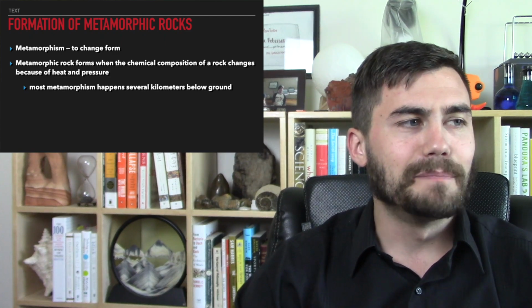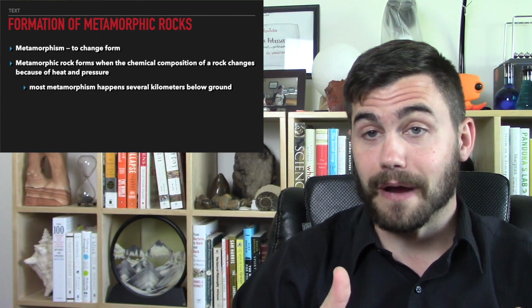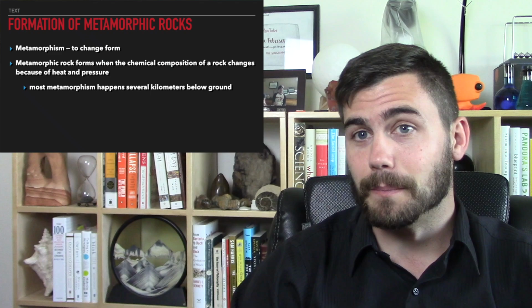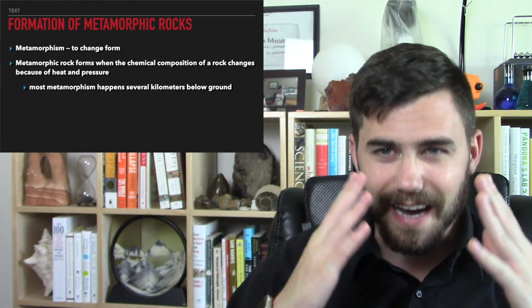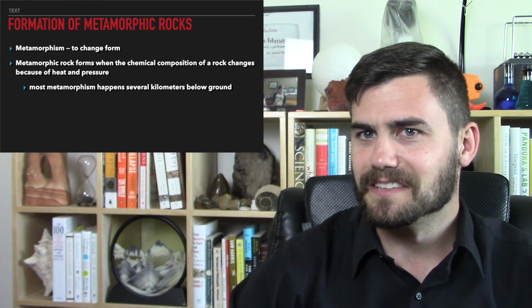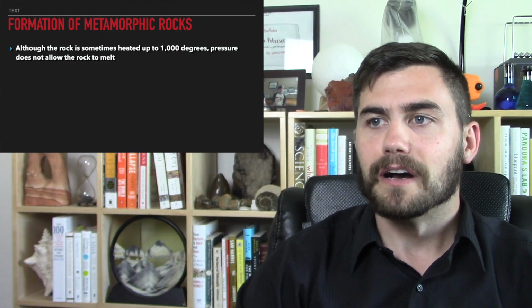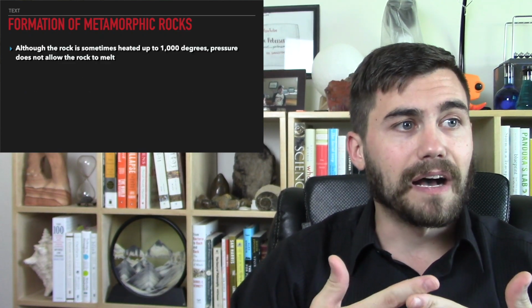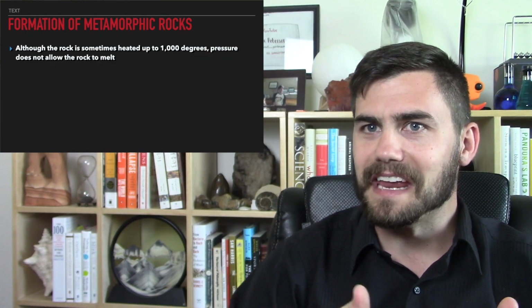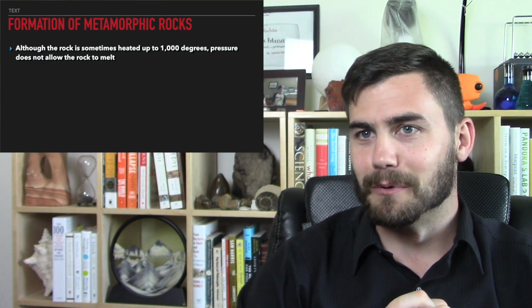For the most part, metamorphism happens deep below the ground, and metamorphic rocks do not make up much of the surface of our planet. I think it's about 12% of the surface of the Earth. Now, we'll start with heat in the formation of metamorphic rocks.